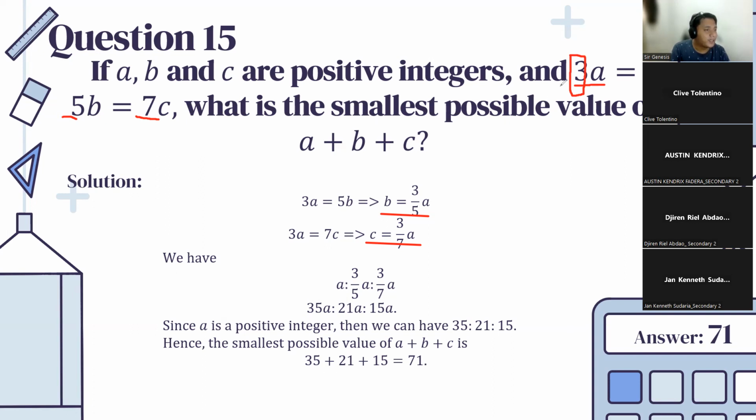So that will be 105, which is the LCD, divided by 3, 105 divided by 5, and 105 divided by 7, which will still give you 35, 21, and 15, which when you add the 3 will give you 71 still.